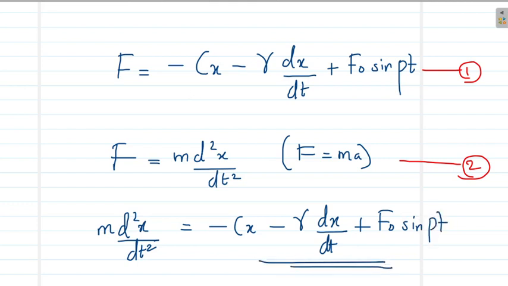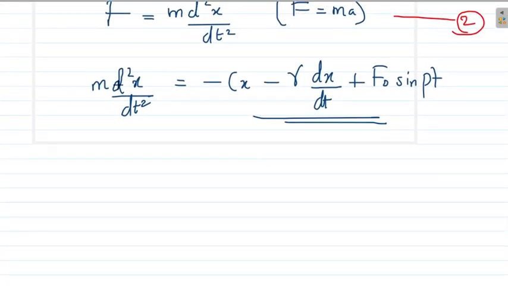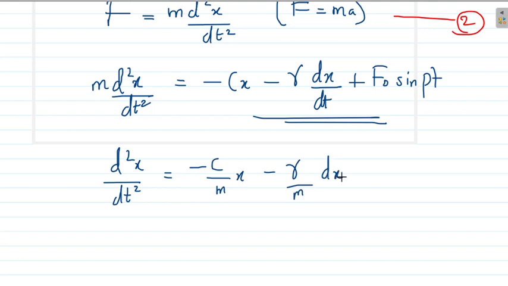Here we can make a small change to this equation, a modification to this equation. So let me rewrite: d square x by dt square is equal to minus c by m into x minus gamma by m into dx by dt plus F0 by m into sin pt, where I have divided the terms with m throughout the equation.